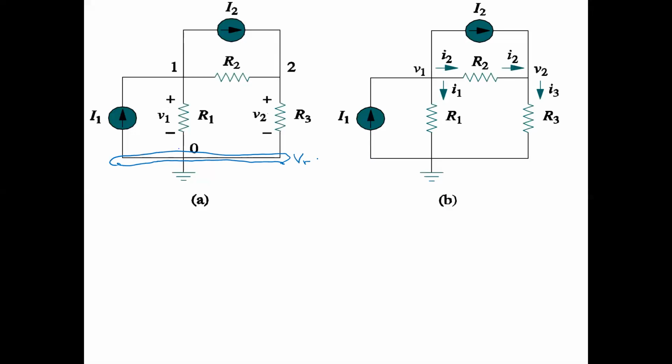And this is 0 volts. This symbol, by the way, is the symbol for ground. You're going to see a lot of that in the circuit lab class. When you see that on a circuit, that means it is assigned 0 volts.